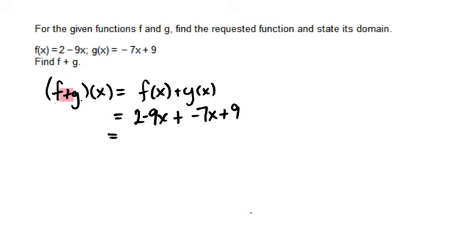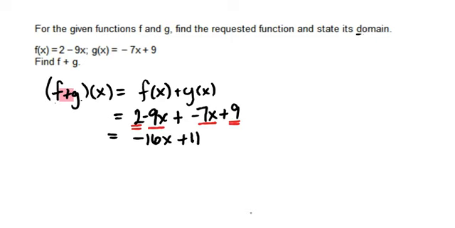If we combine our x's together, negative 9x and negative 7x, those combine together to be negative 16x. And we'll combine 2 and 9 to become 11. So the function f plus g is negative 16x plus 11.